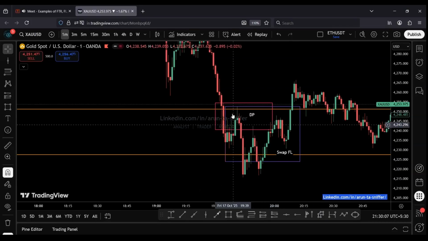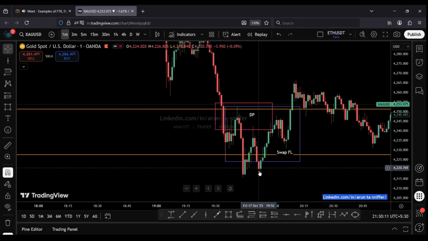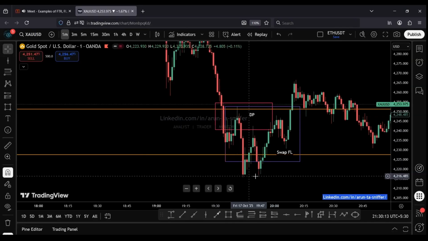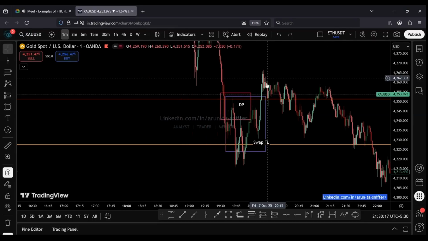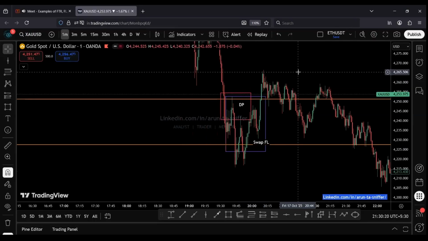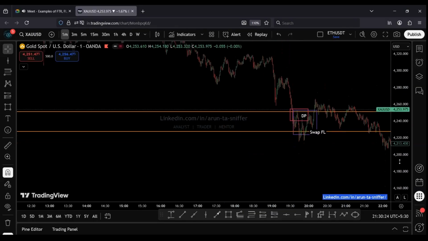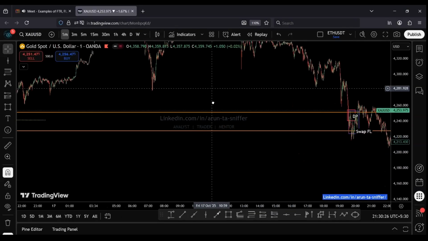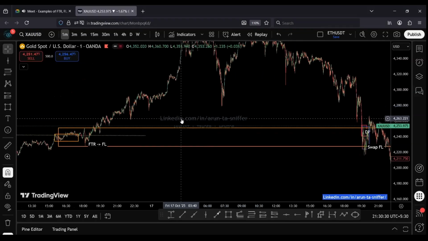Okay. Price came down, goes up again, tried to come down but could not break this one. Instead it goes up again, right? Why did this happen? We have another FL here.